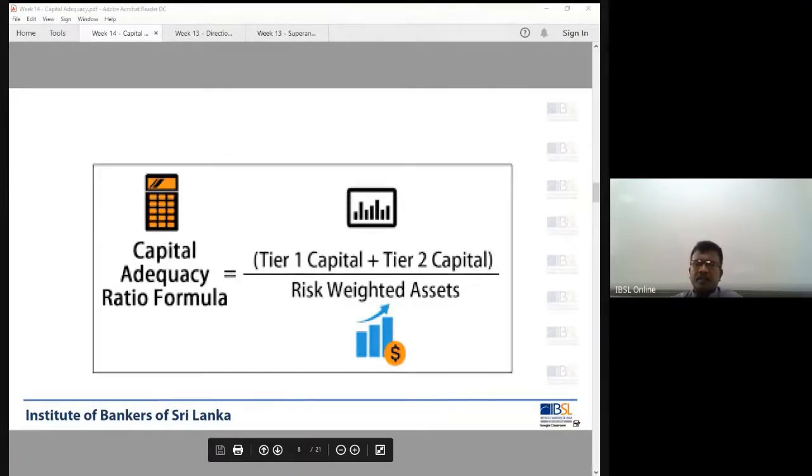Okay, good. Another format. First you list 1, 2, 3, 4, 5, then describe. Very good. Gilt edge funds, income fund, balanced funds, indexed funds, money market funds.